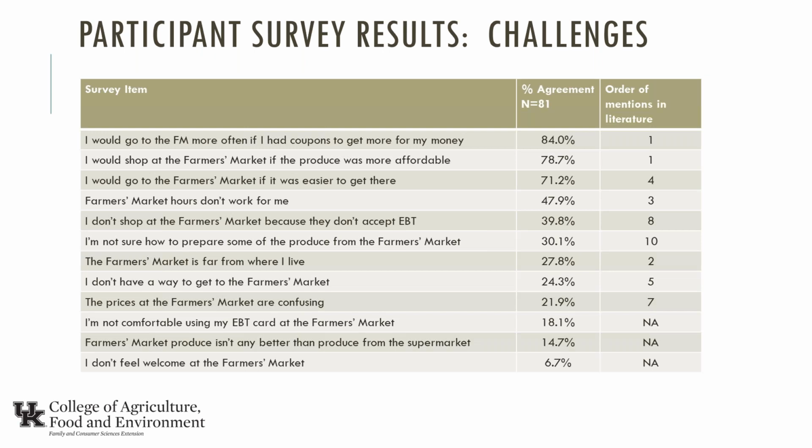It being easy to get there, so accessibility, or the farmers market hours, which is another aspect of accessibility. Those were still 3 and 4. But like the farmers market is far from where I live was the second thing listed in the literature, but it was pretty far down there for us.